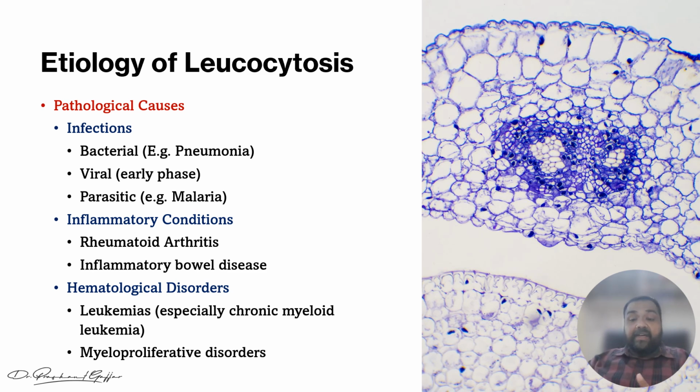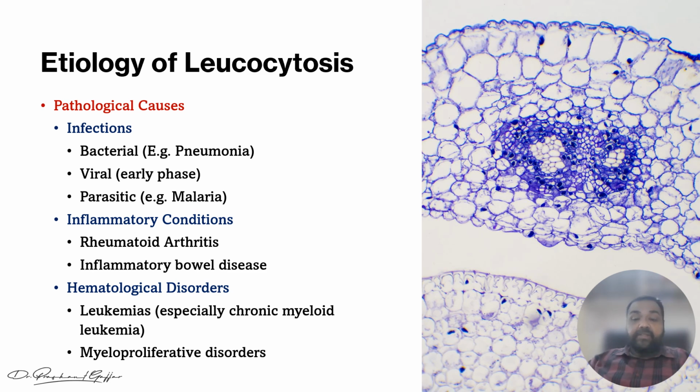In viral infection, in the early phase there will be leukocytosis, but in the advanced stage of viral infection, it will be leukopenia, right? In parasitic infection like malaria, you may find leukocytosis. In some inflammatory conditions, like rheumatoid arthritis and inflammatory bowel disease, you may find leukocytosis without any infection, right?